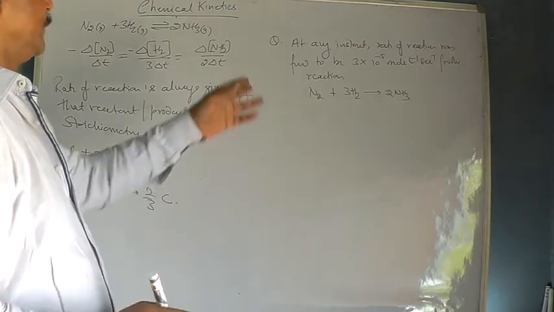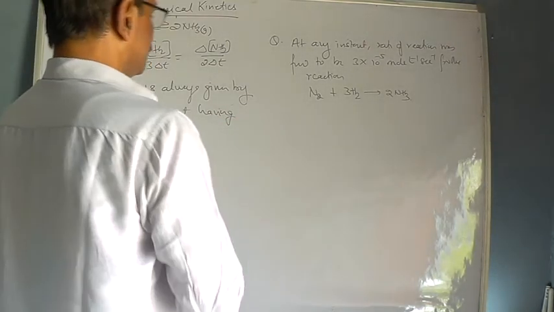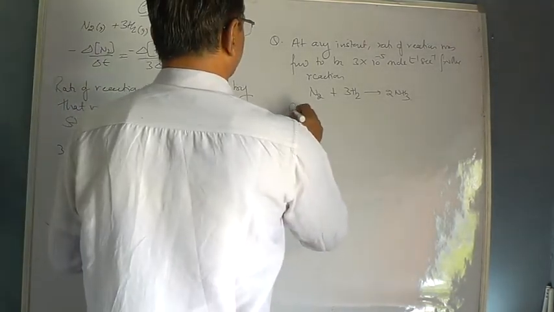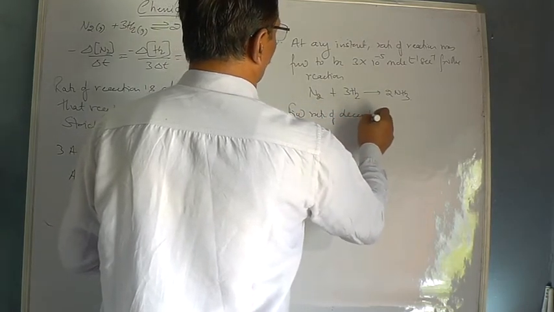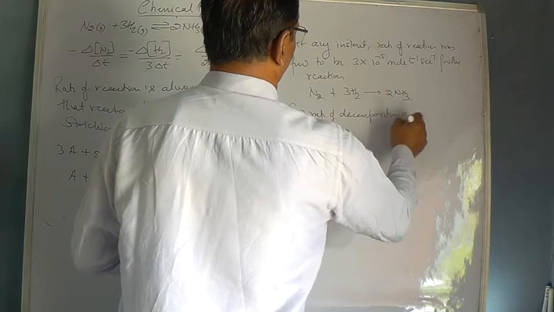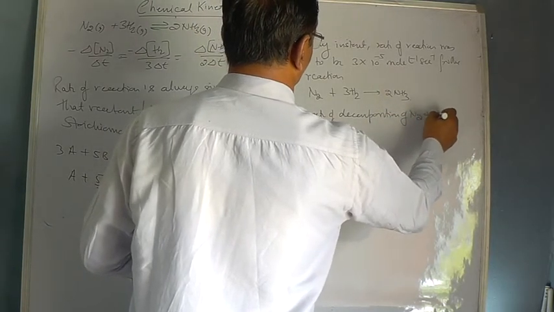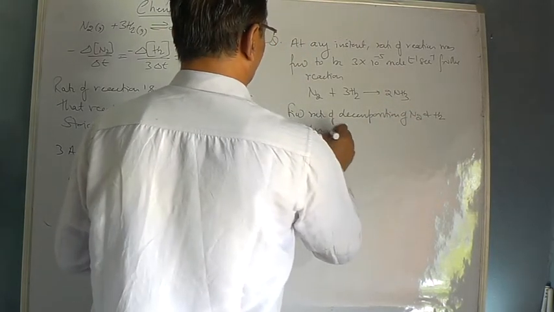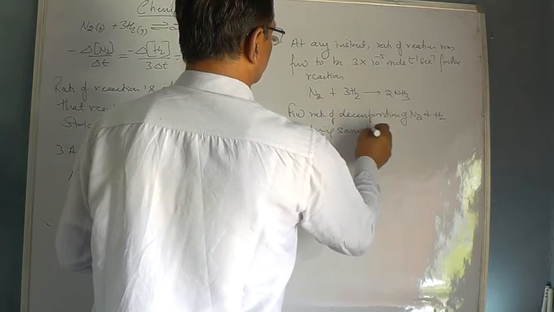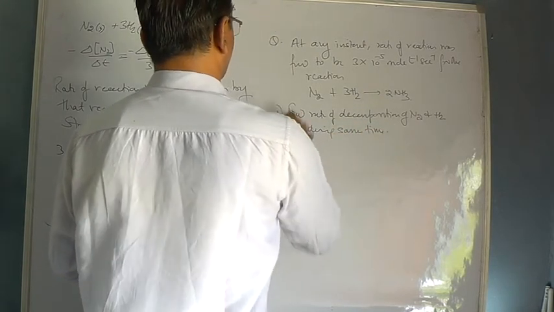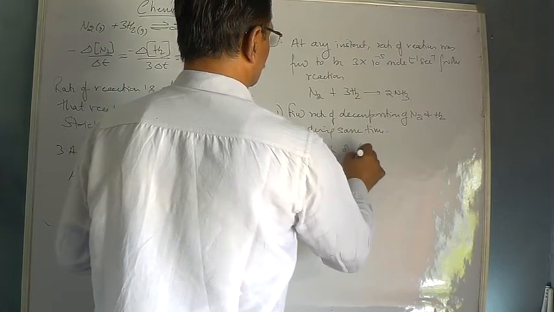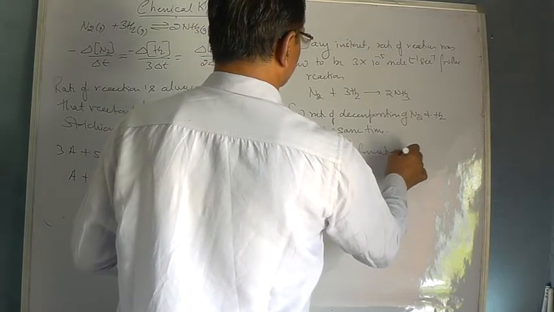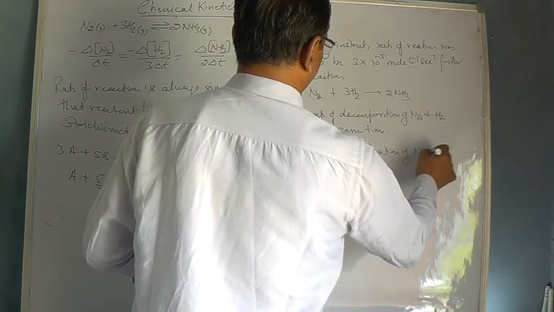Class, rate of reaction has been given to me, and now what is being asked? Number 1, find the rate of decomposition of N2 and H2 during the same time, and number 2, find the rate of formation of ammonia at that instant.